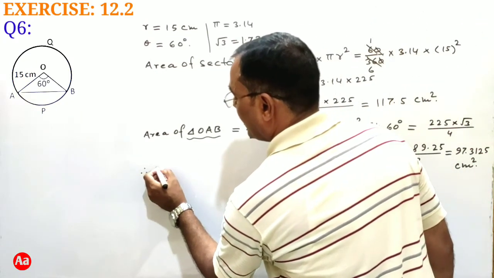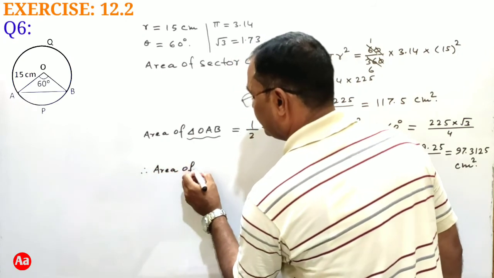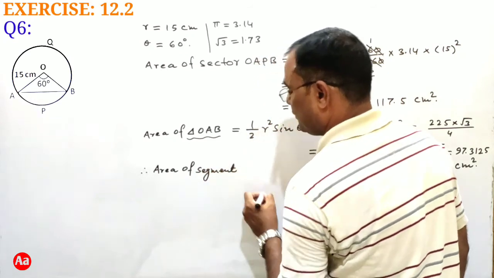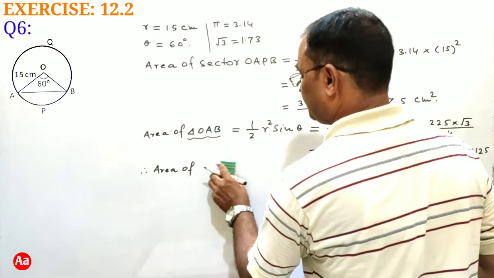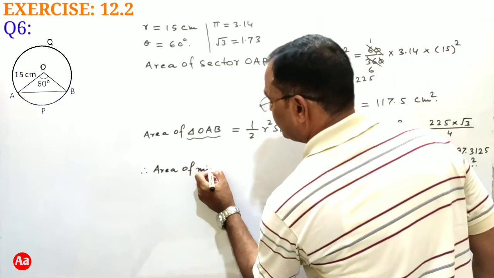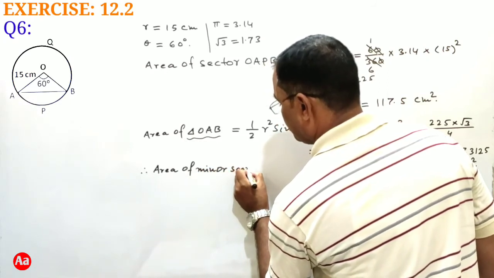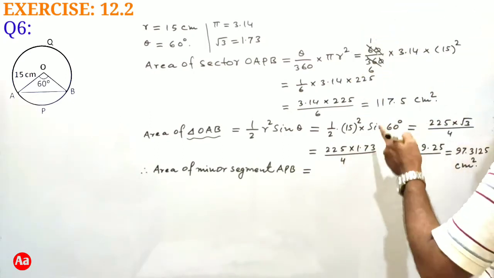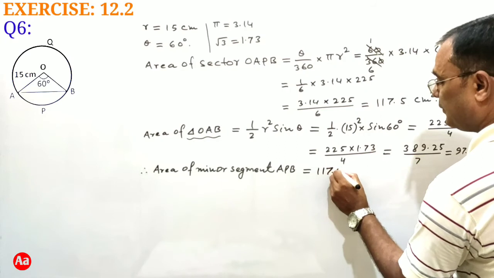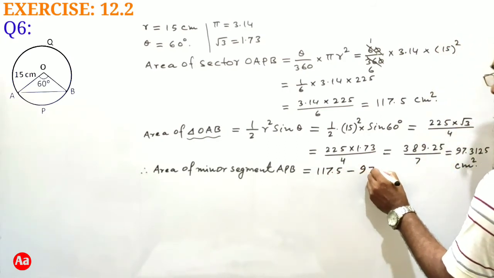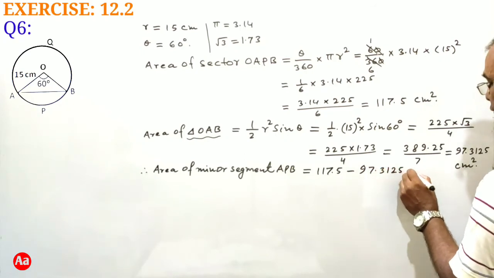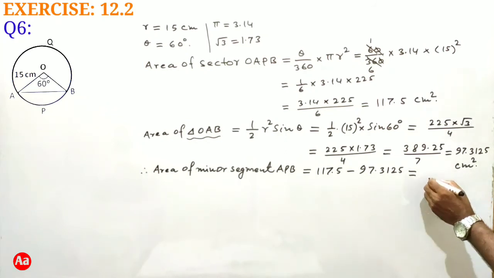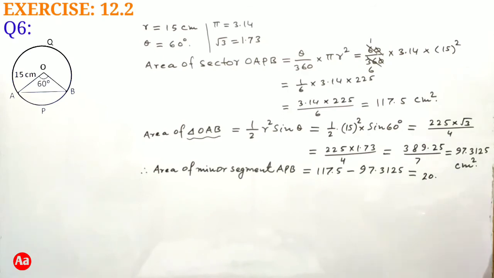So therefore area of minor segment APB equal to area of sector 117.5 minus 97.3125 equal to 20.4375 centimeter square.